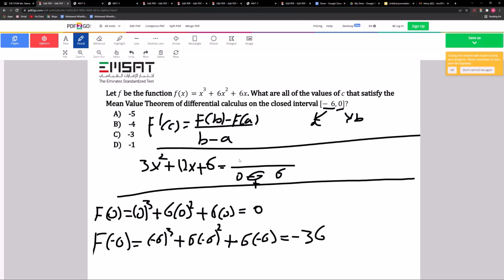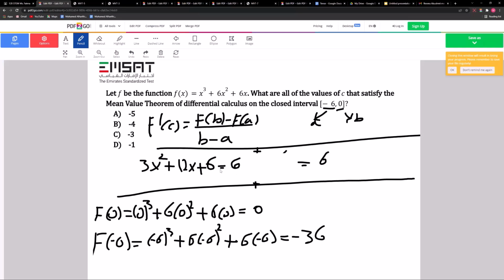Then we put here 0 minus minus 36. Here we will translate to positive 0 plus 36 over 0 plus 6, which will give us 6. Then we just put 3x to the power 2 plus 12x plus 6, which is 6.